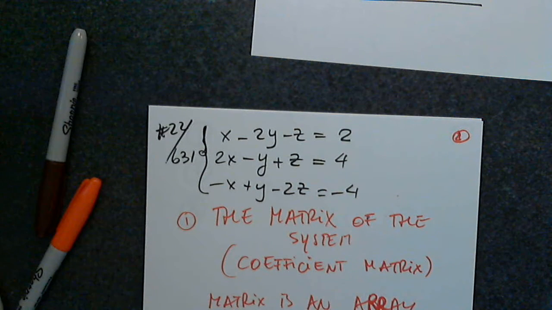Now, here's my first question. Let's suppose I don't like the way this is set up. I'm going to move this equation to be the first, and I'm going to move this equation to be the second, for whatever reason. Would that change the final solution? If I put condition 2 as number 1 and condition 1 as number 2, will that change the final solution of the system? Of course not. That's our first operation.